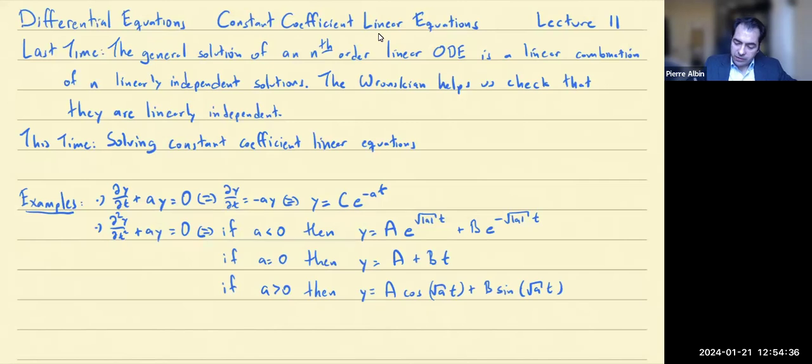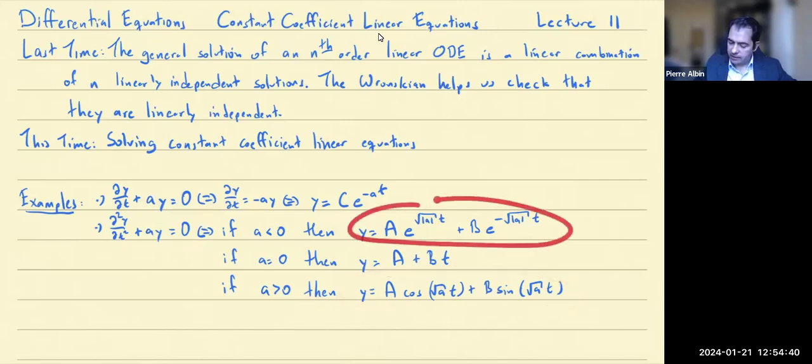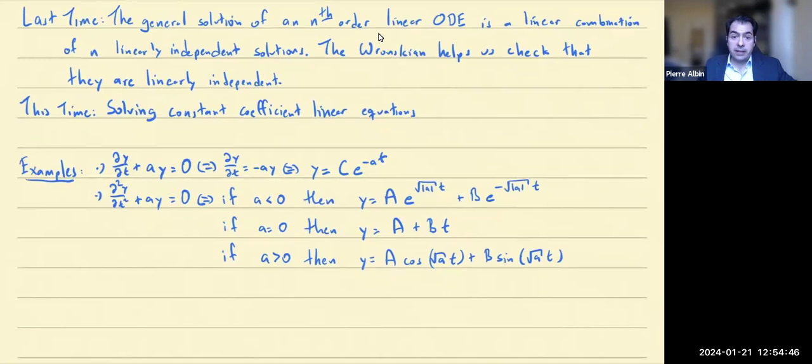Okay, but we can make this general solution look a lot like the general solution we had over here if we remember Euler's formula involving the exponential and complex numbers. That's going to let us write this as some other constant, let's call it c, times e to the I times the square root of A times t, plus some other constant d, e to the minus I, square root of A times t.